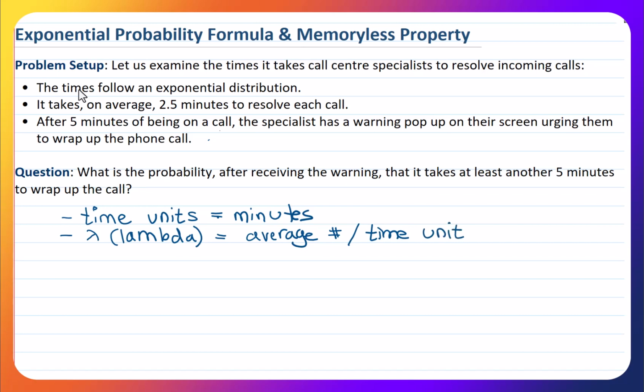Be careful with this one, because often when we're dealing with exponential distribution questions, we're given the average time per event, but what we really want is the average number per time unit. So it takes 2.5 minutes to resolve each call. So really that means there's one call resolved per 2.5 minutes.